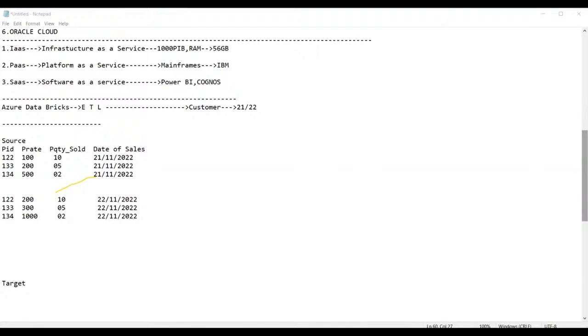Yes, a difference is there. How can you say that? Just by looking into the data. Am I right or not?